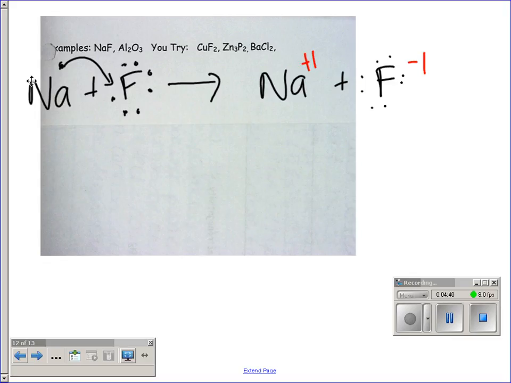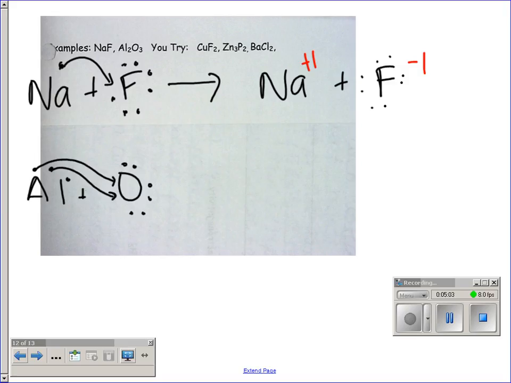I'll do aluminum oxide too, just because it's different. It's got subscripts. So aluminum has 3 valence electrons. Oxygen has 6. So how many valence electrons can aluminum give oxygen? Well, it can give it 2.